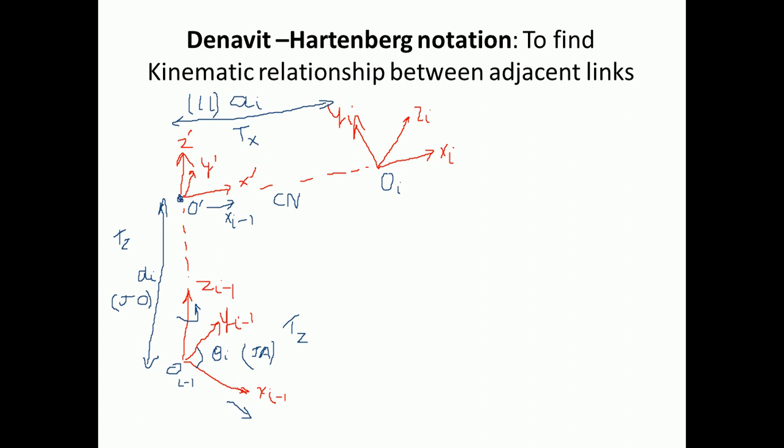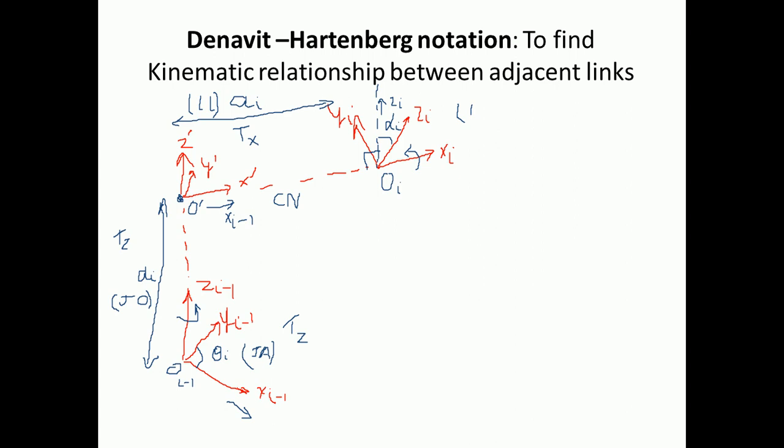Now the last parameter of the Denavit-Hartenberg notation scheme is the twist angle. So for finding the twist angle, first of all we have to draw a line which should be perpendicular to the common normal. Okay, then we have to do a rotation about x axis, so that this zi is going to be parallel with this perpendicular axis, and this angle is represented by alpha i, which is called as twist angle.